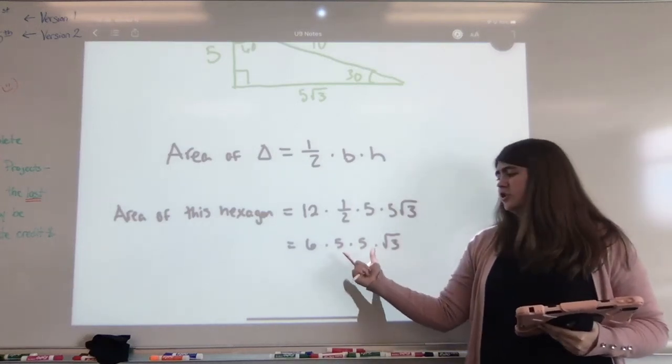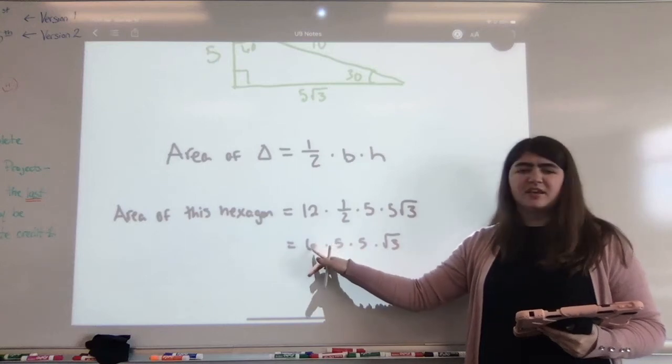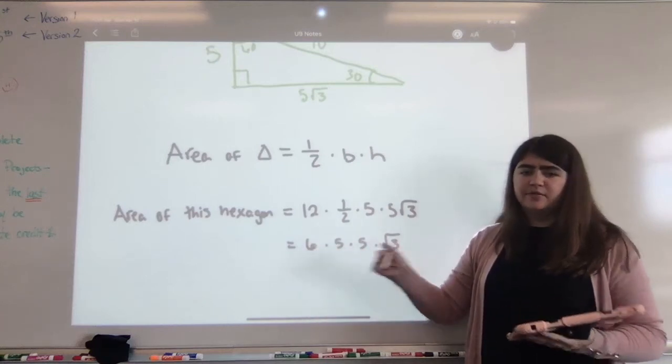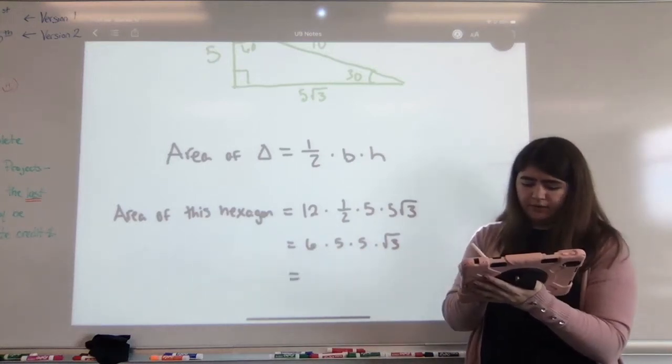If we think of this in terms of quarters, 5 times 6 is $1.50, so we have 150 square roots of 3.